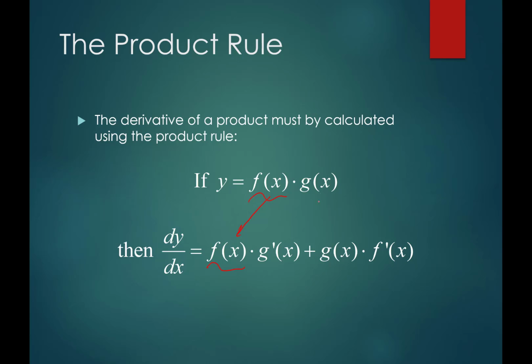I differentiate the last, then I write the last, differentiate the first. Now it doesn't matter if I write this the other way, it would give me the same result. I could write g of x first, times f prime of x, plus f of x times g prime of x. Both ways they still would be correct.